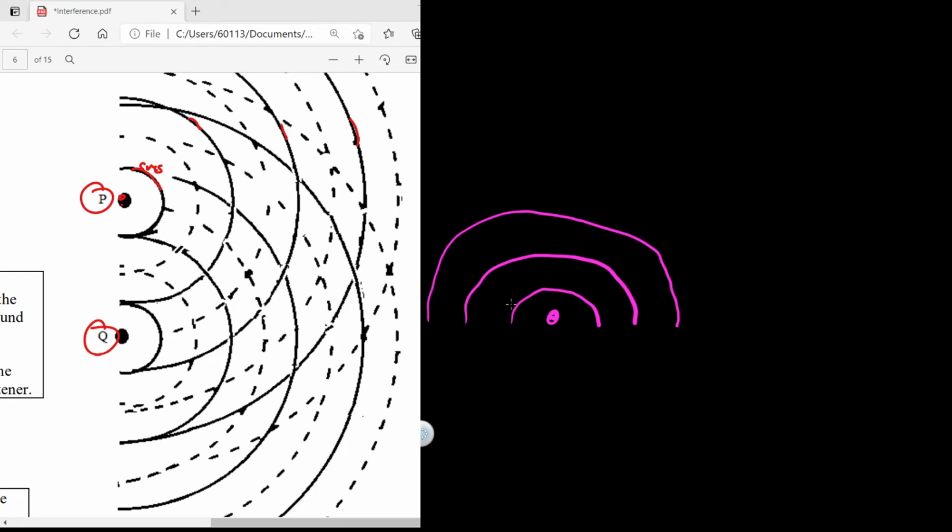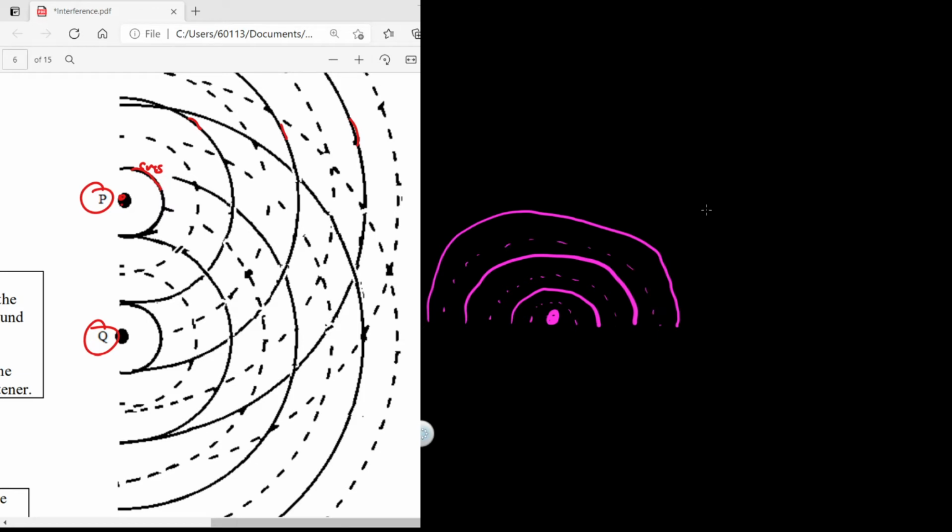If we observe the wave from a plan view, from the upside of the wave, just imagine you are at a certain height, like a building, looking down towards the source. This is the crest, and the dotted line will represent the trough. So trough, trough, trough.